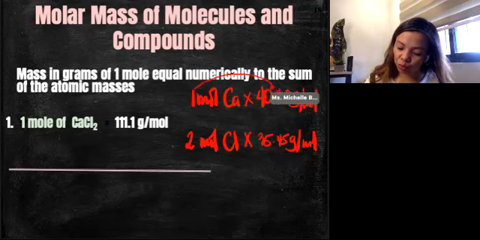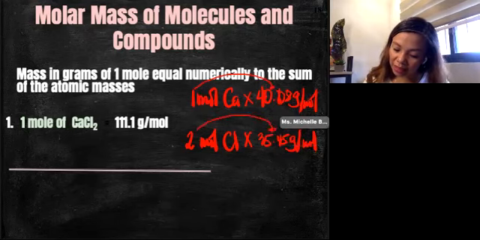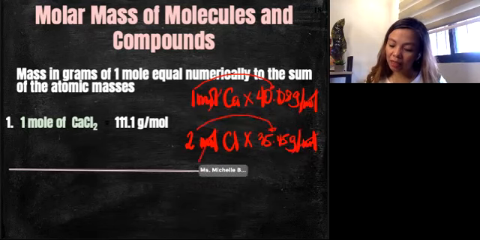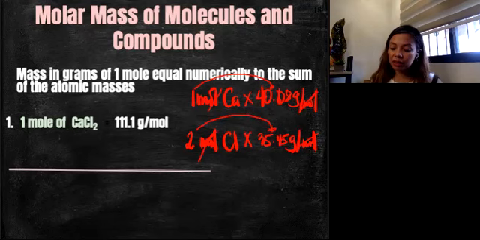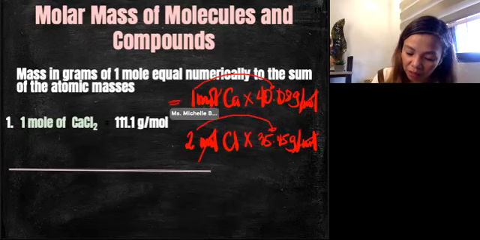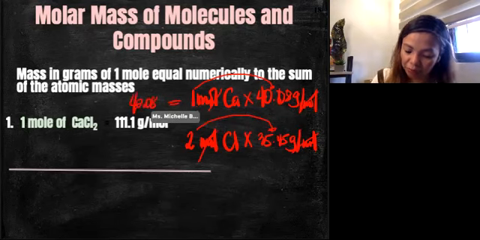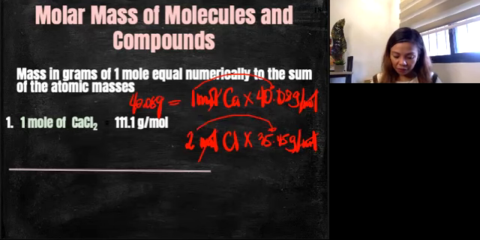We multiply that to the value, then don't forget to cancel out the mole. So we have 40.08 grams, then 2 moles of chlorine, 2 times 35.45.